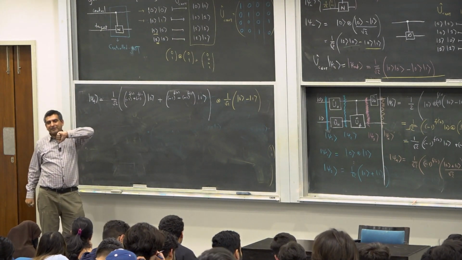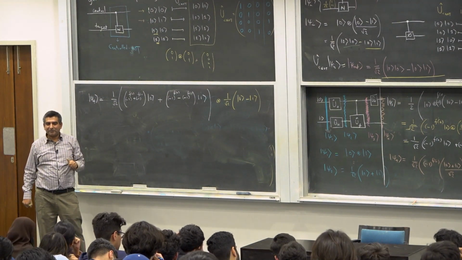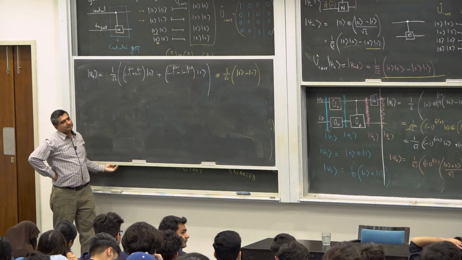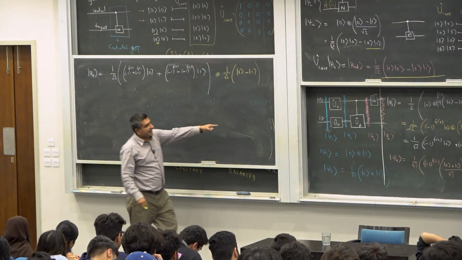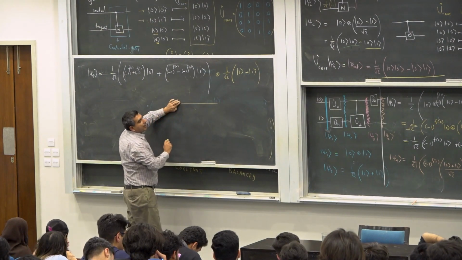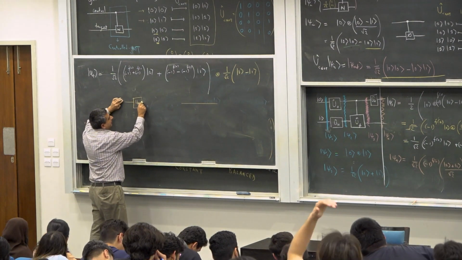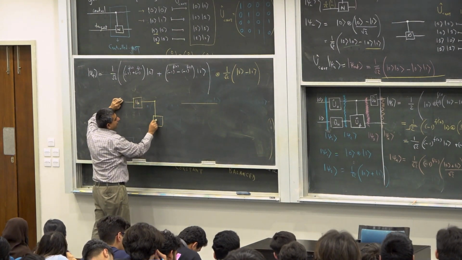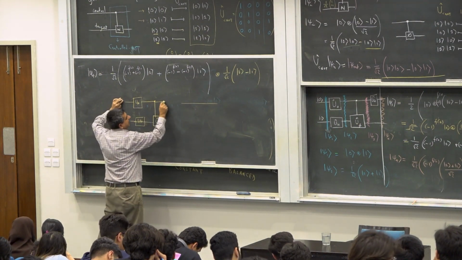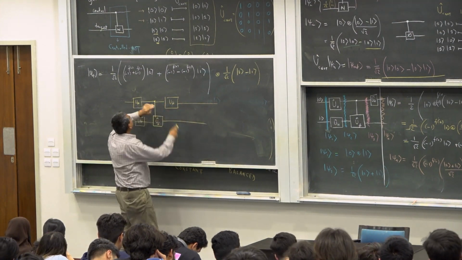Now, is it possible to measure just the first qubit and tell what kind of function we have? So if I look at the top qubit over here, this top qubit is coming out after the Hadamard gate. So we have a Hadamard gate, then we have a controlled application of UF and Hadamard gate here as well, and then another Hadamard gate here, and now this wire carries this qubit over here.